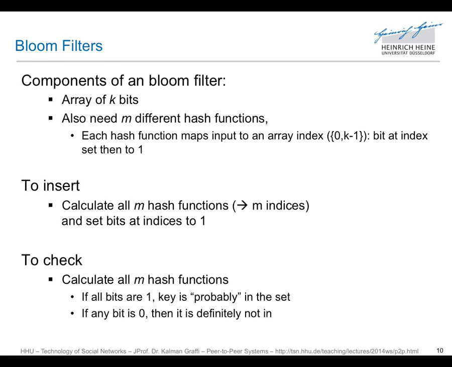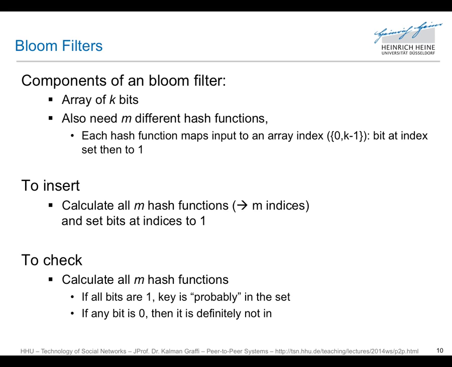We will get an example, but this is always the little bit tricky part. What the hash function points at, what it has as an output, is not 0 or 1, but an output from 0 to k minus 1.